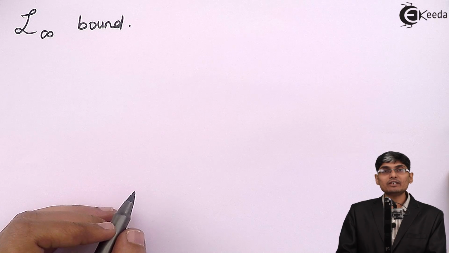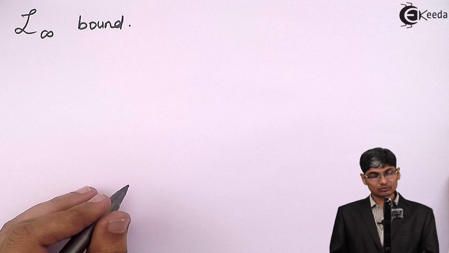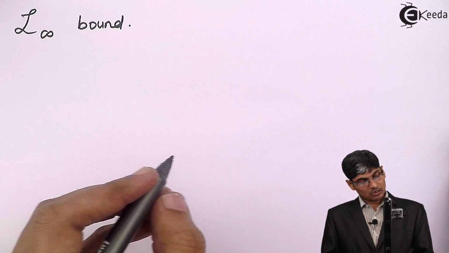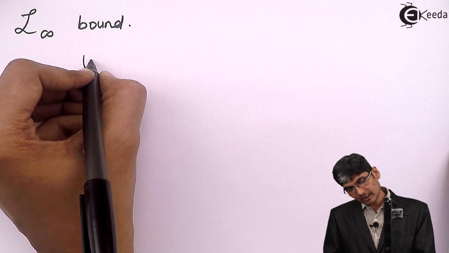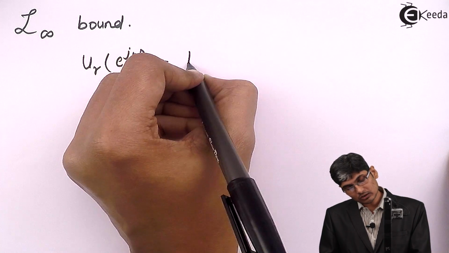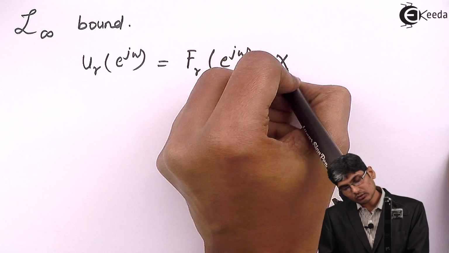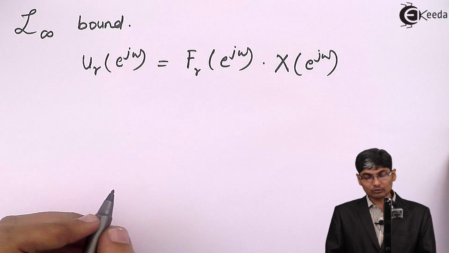So the L infinity bound is a frequency domain bound. Let us take the Fourier transform of the convolution, and we will get U_r(e^{jω}) equal to F_r(e^{jω}) into X(e^{jω}). Correct? That is the Fourier domain.